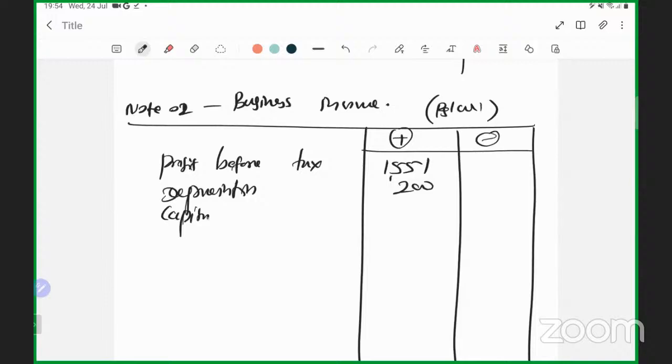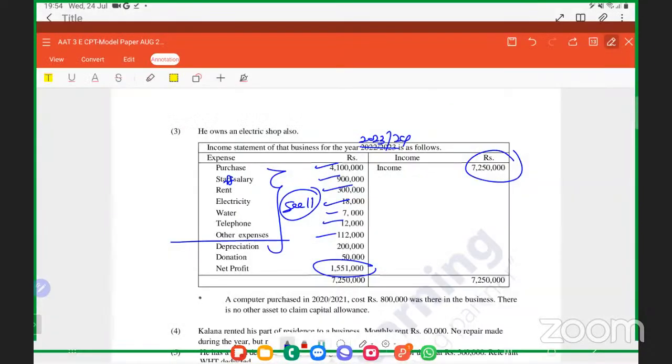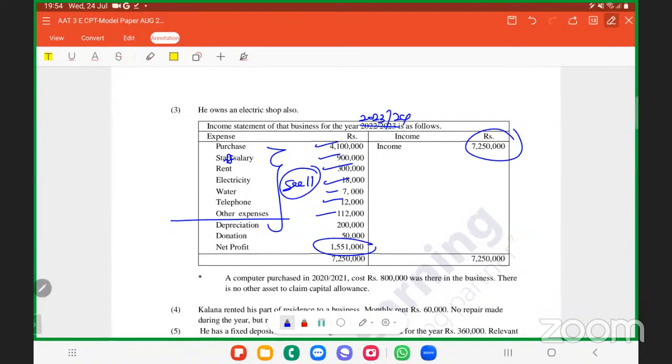The capital allowance. Additional information was given regarding the capital allowances. A computer was purchased during the 2020/21 year of assessment for 800,000, that is the cost.